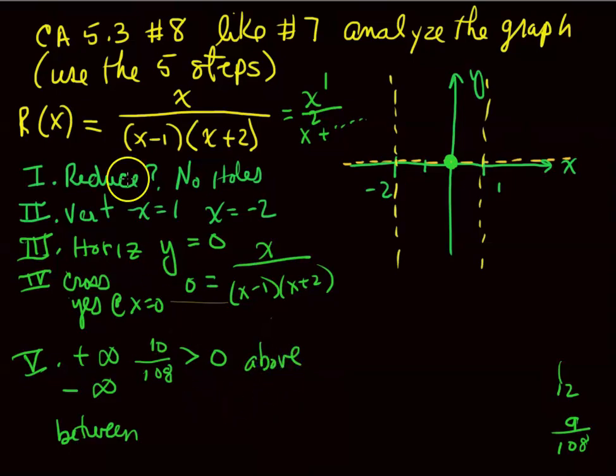And I'll be able to graph this over here at 10. It's above. It doesn't cross, so it does something like that. What about negative infinity? Well, let's put in a negative 10 while it's here. So it's a negative 10 in the numerator, and a negative 10 minus 1 is a negative 11, and a negative 10 plus 2 would be a negative 8.